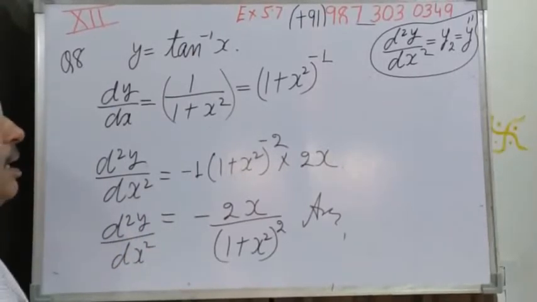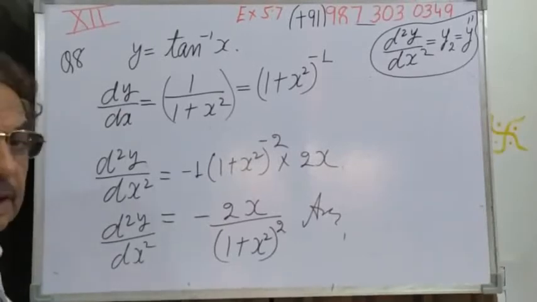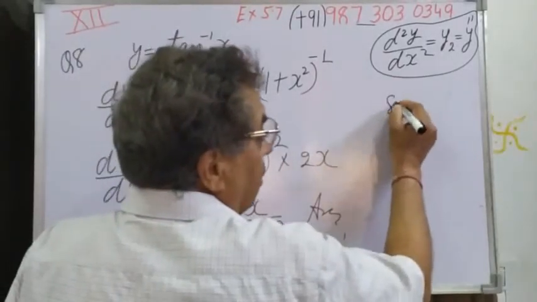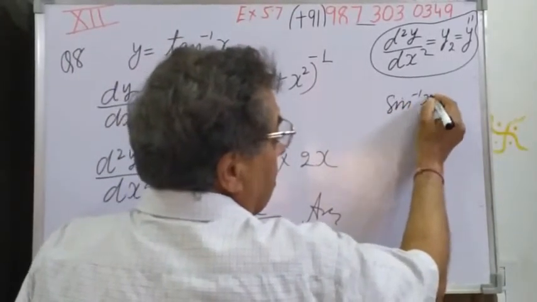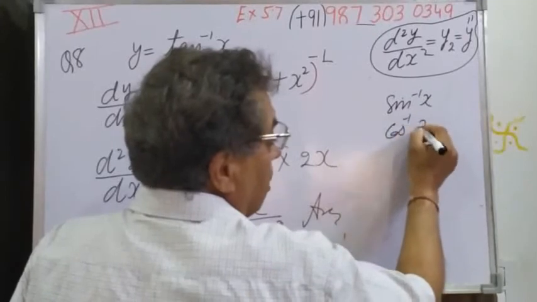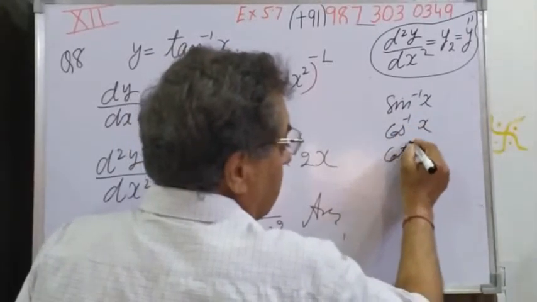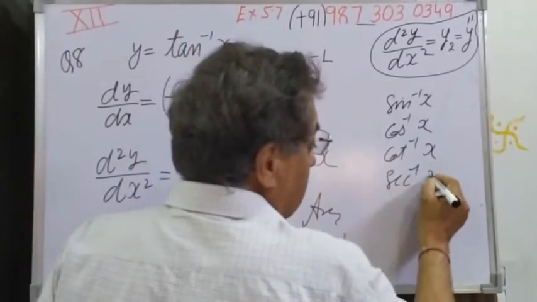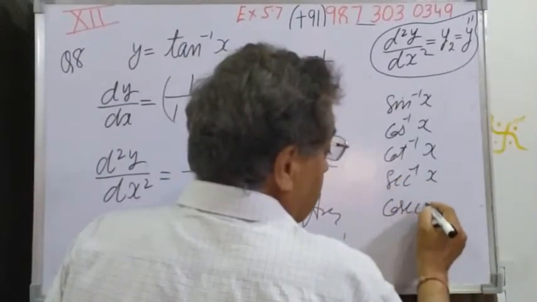So similarly, we can find the second order derivative of all other inverse trigonometric functions. Tan inverse x, other functions are sin inverse x, cos inverse x or cot inverse x, and apart from that secant inverse x, cosecant inverse x.